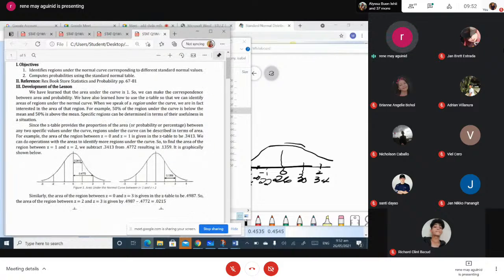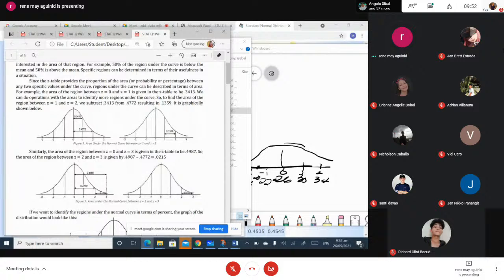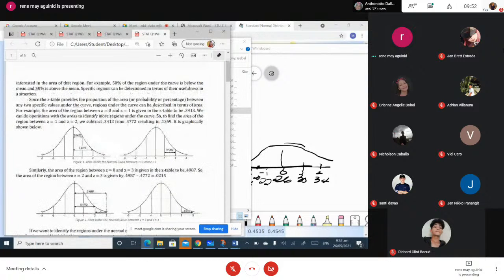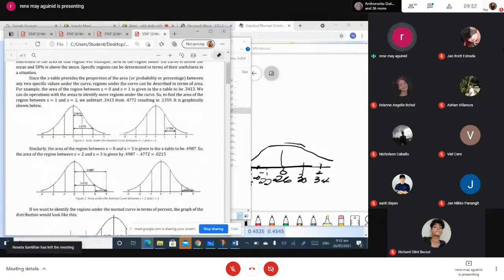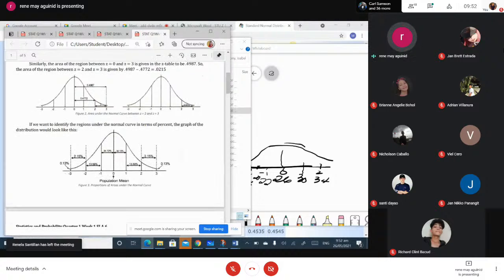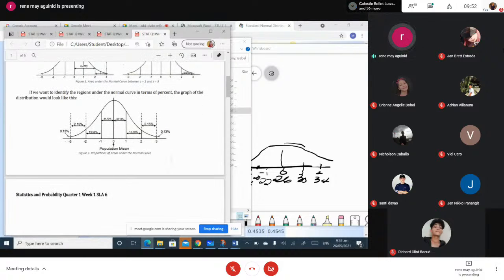Okay, so still on the normal curve. Finding the area of the regions. So let's have these examples. Direto sa example.